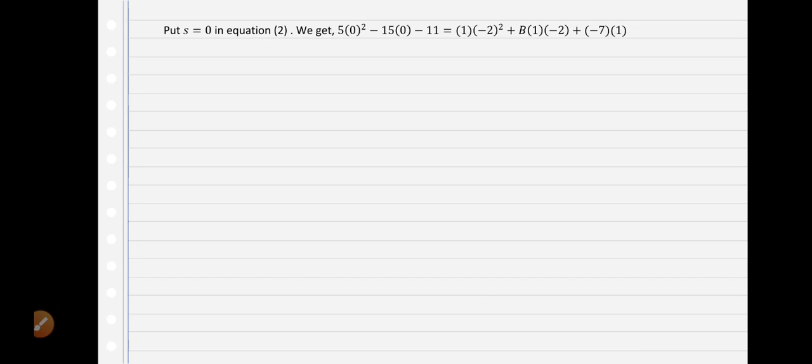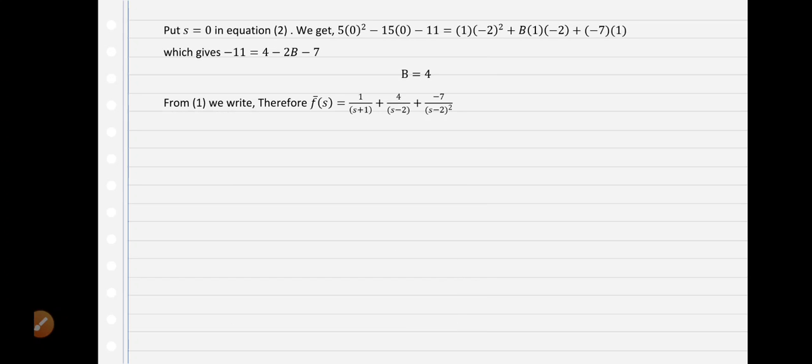So for s equal to 0, we get this equation, and here we have to use the values of A and C which we already obtained, and from this we get B equal to 4. Now we have obtained the values of all the three constants, capital A, B and C.